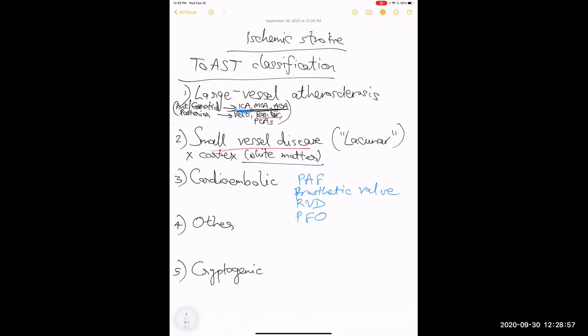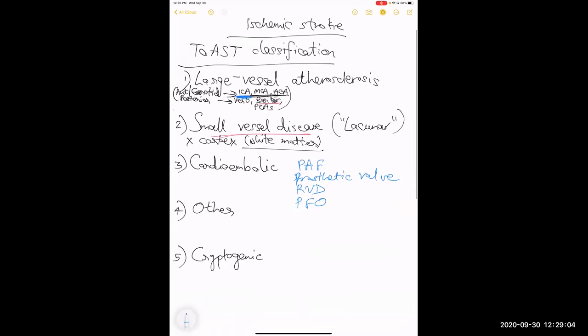PFO, we'll come to the discussion of the PFO later, but PFO is a common cause of cardioembolic strokes. A left ventricular thrombus as a complication of MI may be a common cause of cardioembolic stroke.